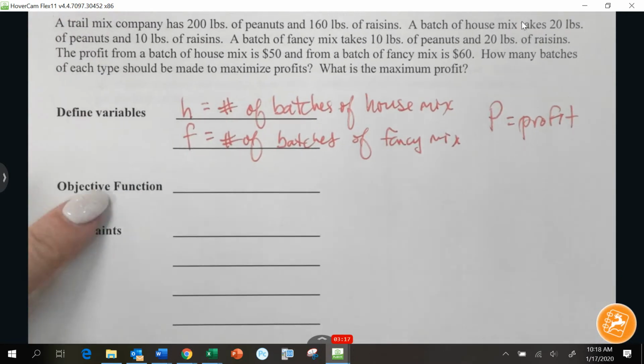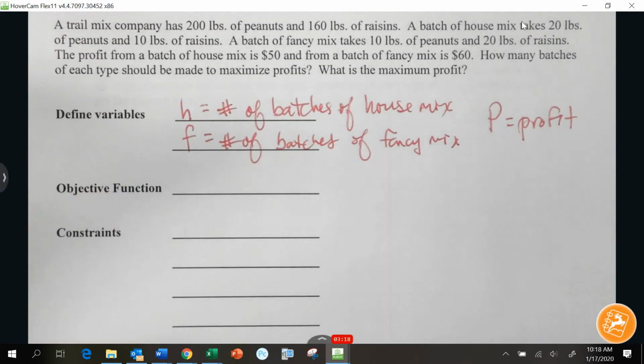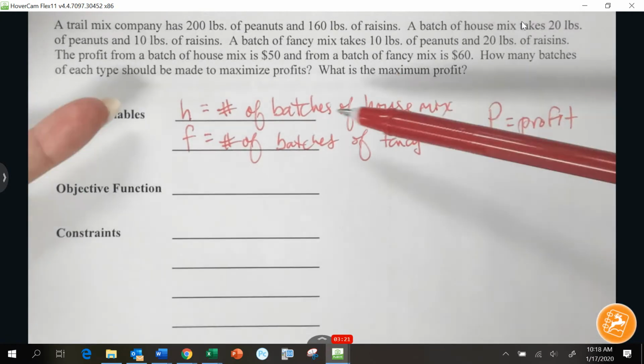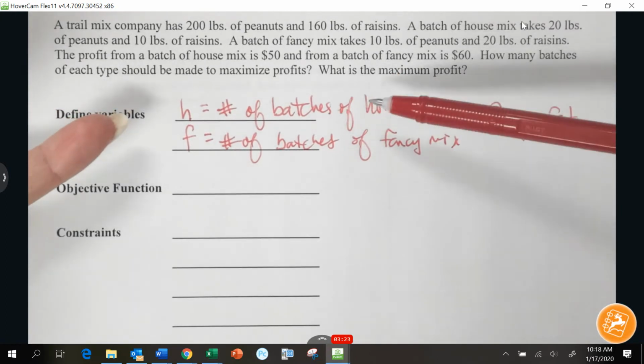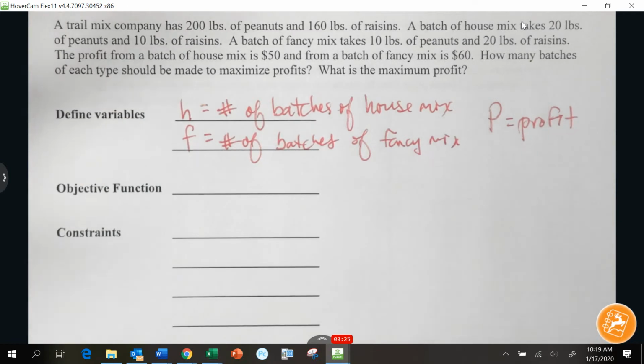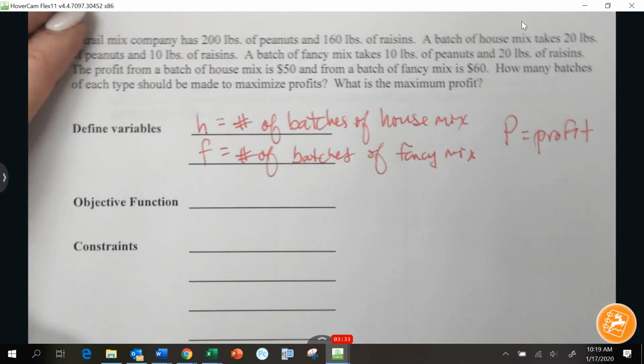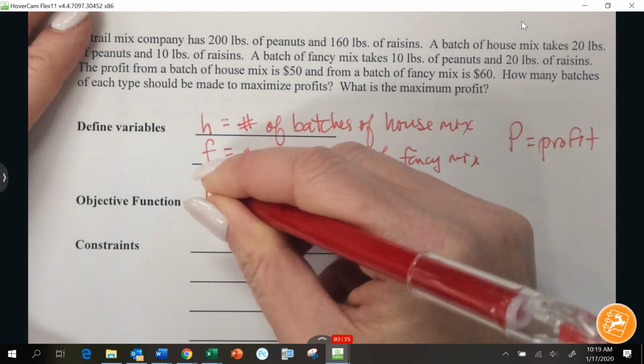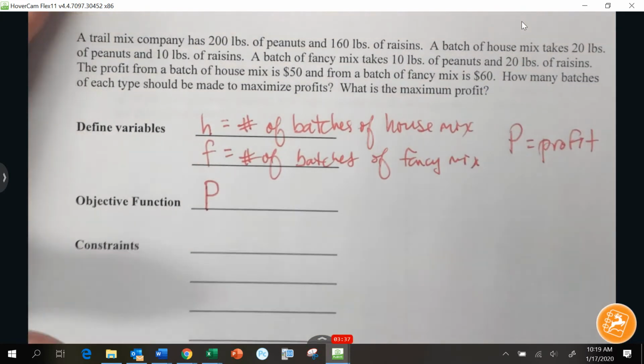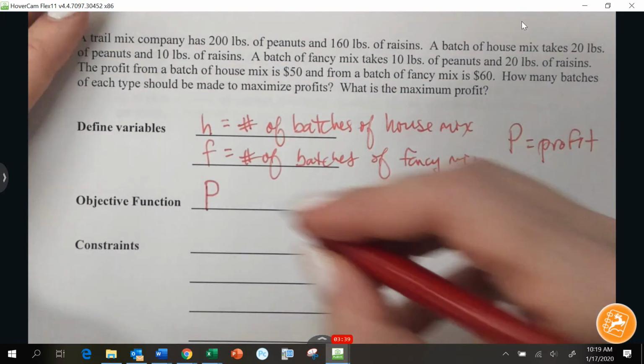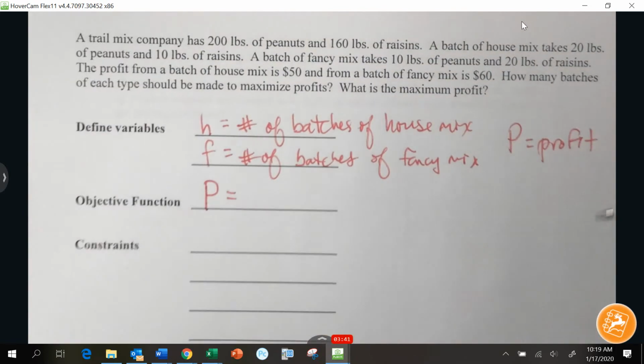Now the objective function is overall, if I know the numbers of batches of house mix and fancy mix, my objective is to have the highest profit. That's my objective by having this business. So my objective function is, how am I going to get the highest profit? I'm going to say P for my objective function. That's going to equal, how do we get profit for this?